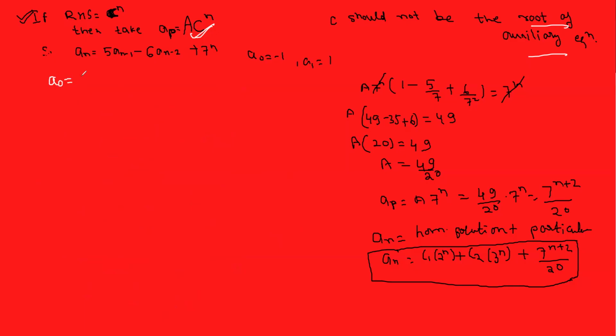Put n equal to 0, right? a_0 is what? -1. Right, this is the first condition. Put n equal to 1.